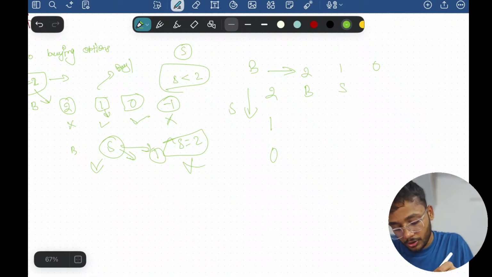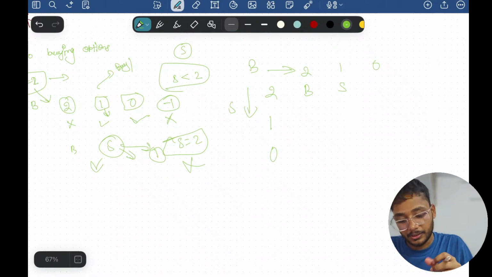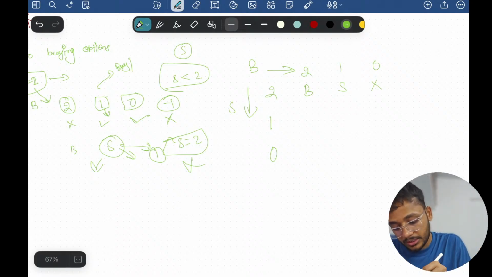When buy is 0 and sell is 2, that won't be the case. You are already checking it, so not possible. You cannot say buy became 0 and sell will be only 1 maximum.